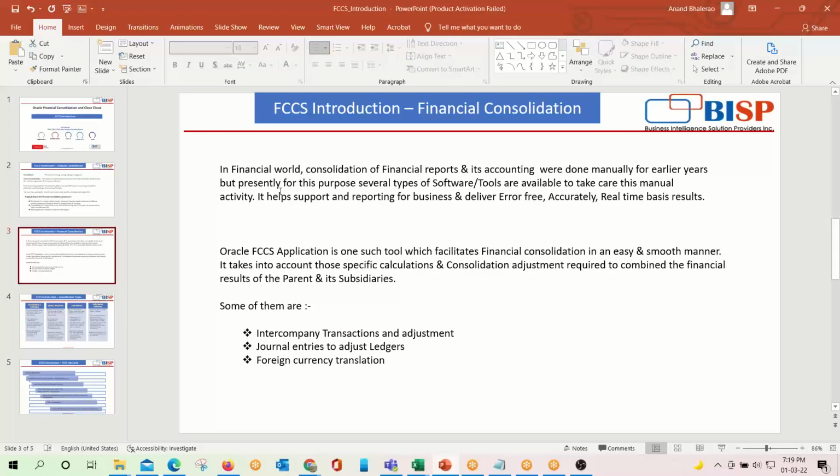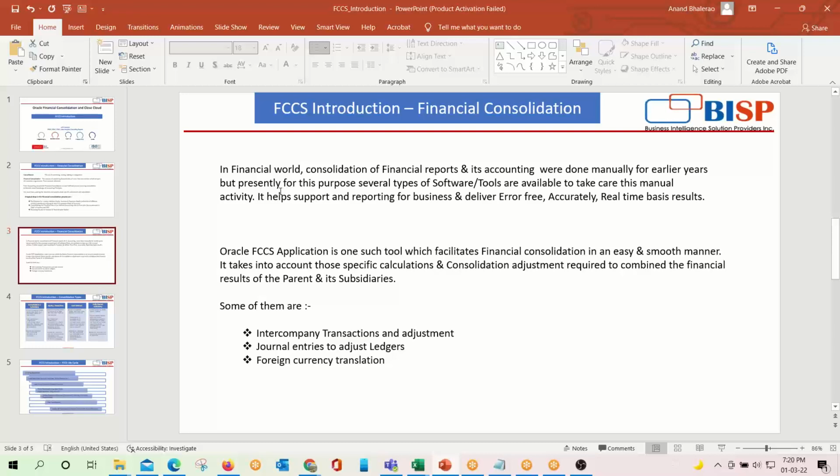In the financial world, the consolidation of financial reports and accounting was done manually in earlier years. But presently, several types of software and tools are available to take care of this manual activity.